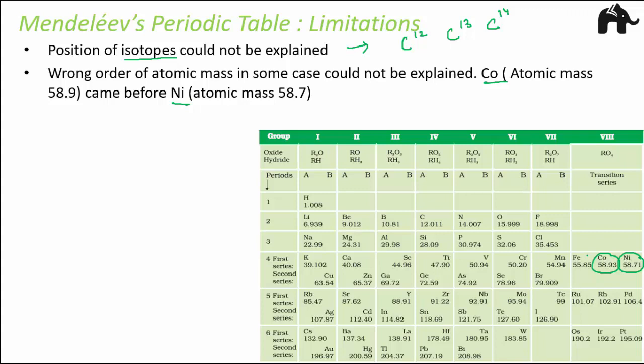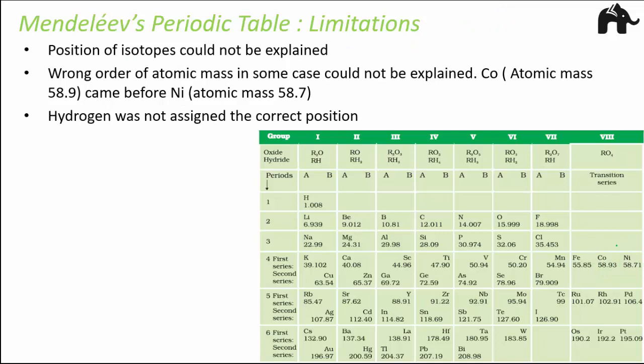He arranged them based on their oxide and hydride formulas. But eventually it was found that all the elements are arranged in the order of increasing atomic mass. But this was a corner case where it was the reverse order and the reason could not be explained on any basis.